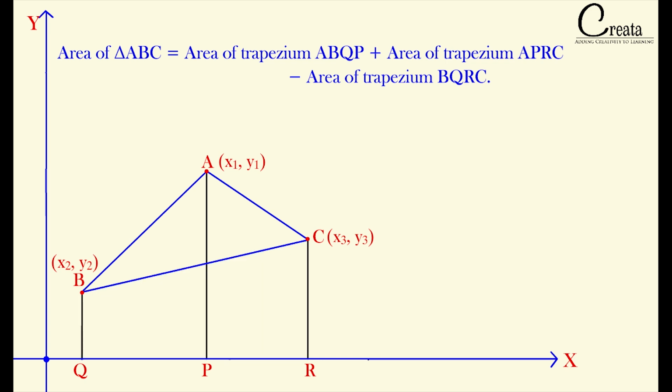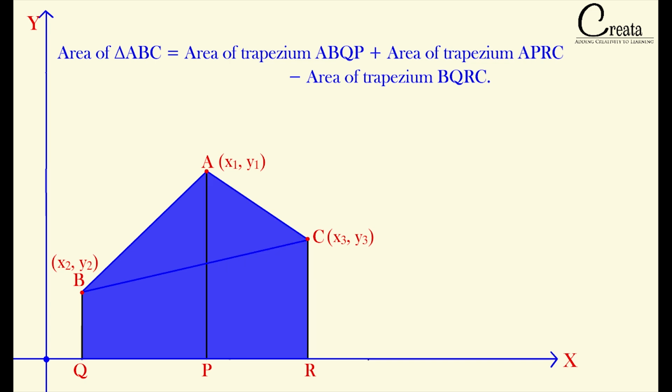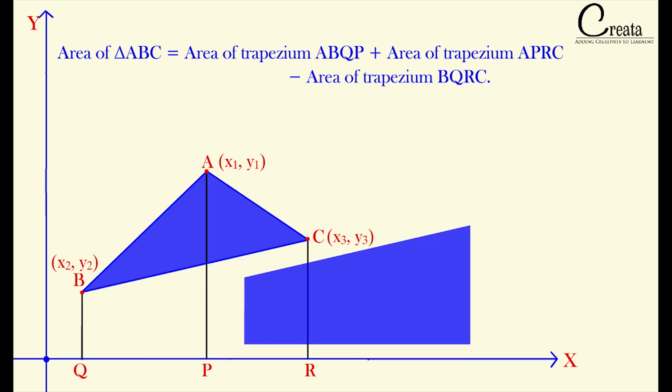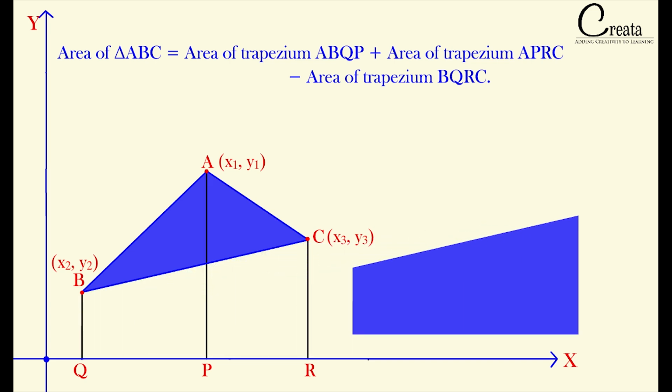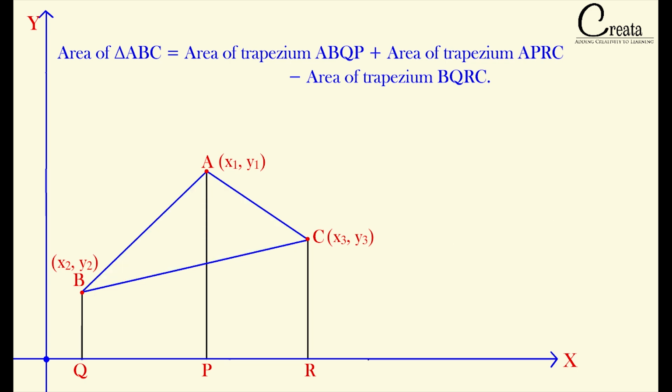So basically we have subtracted area of this trapezium from the sum of these two trapeziums. By doing so, we can get the area of the triangle ABC. Are you able to visualize this equation?